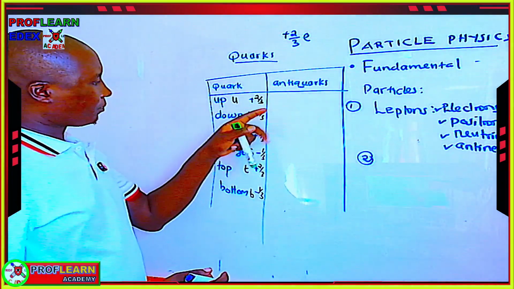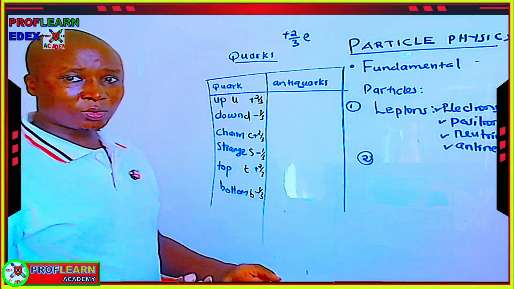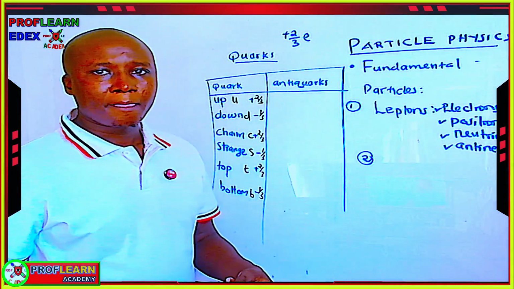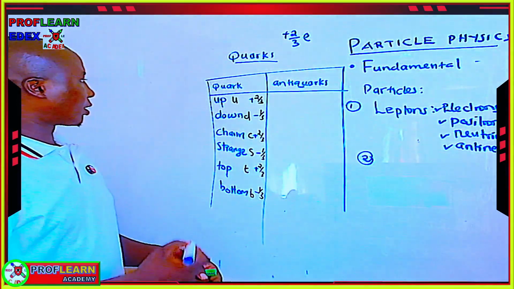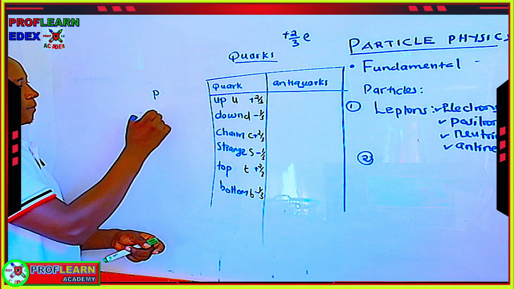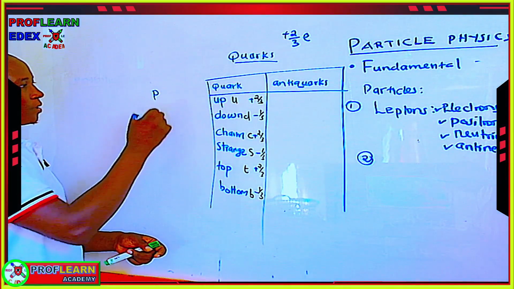So these particles, which are quarks, are going to be the building blocks for non-fundamental particles. For instance, we can talk of a proton and a neutron.